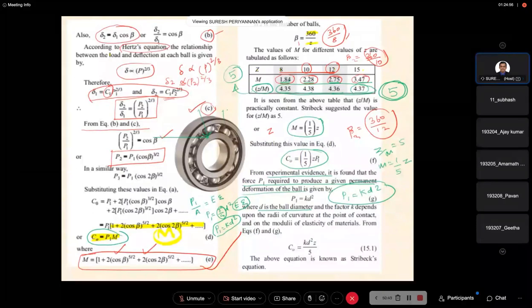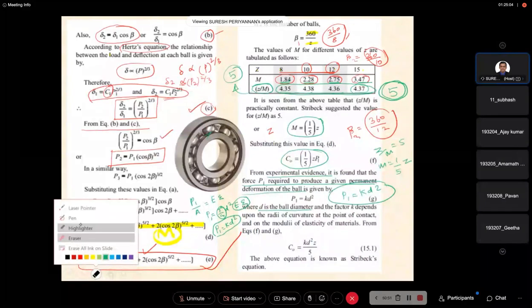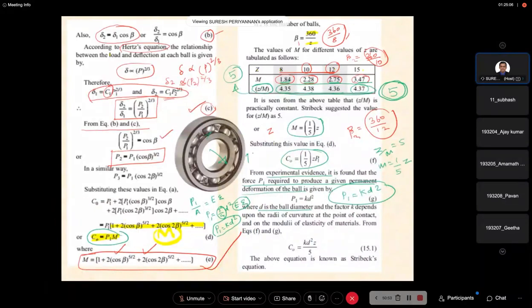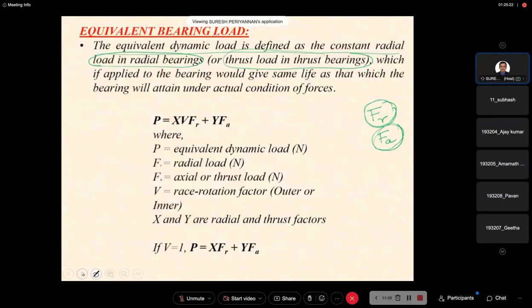Now the bearing is subjected to radial load, and during that time the bearing life may be 200 million revolutions. Now the bearing is subjected to axial load, this is Fa. At that time also the bearing will give the same life, 200 million revolutions. That is what they considered here.